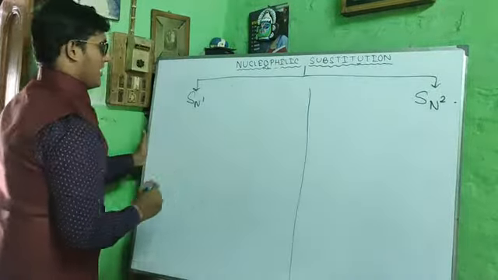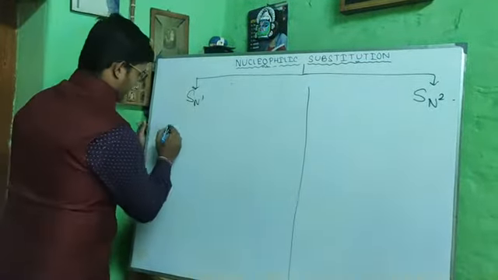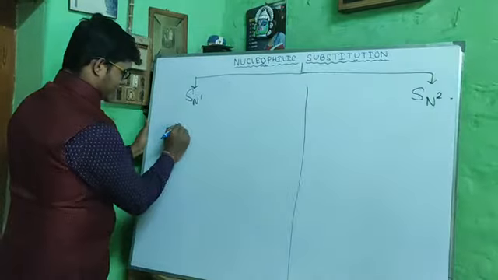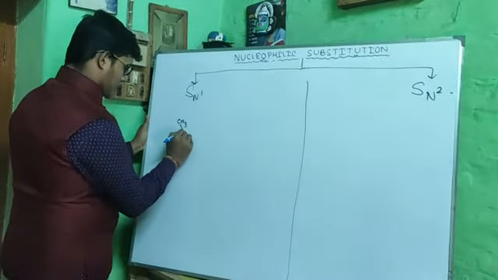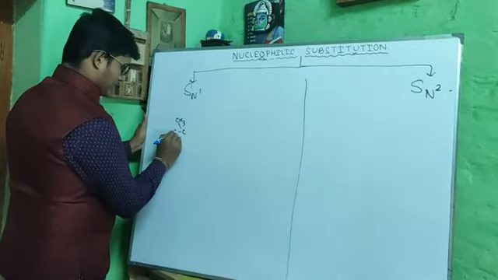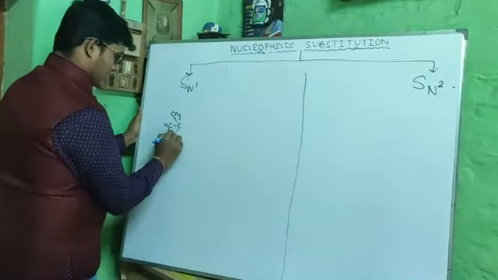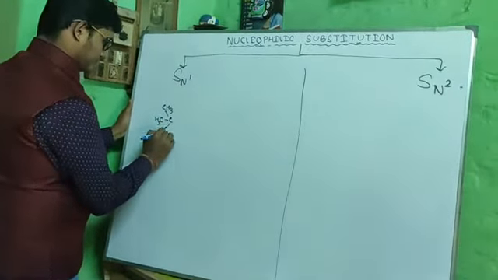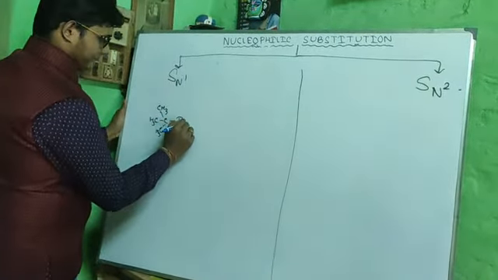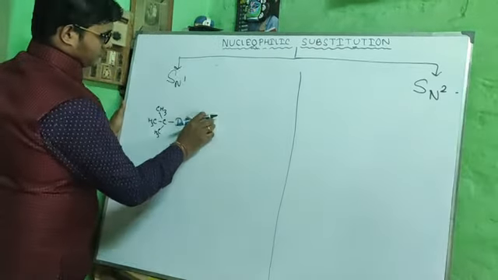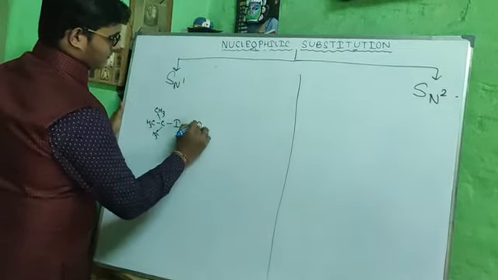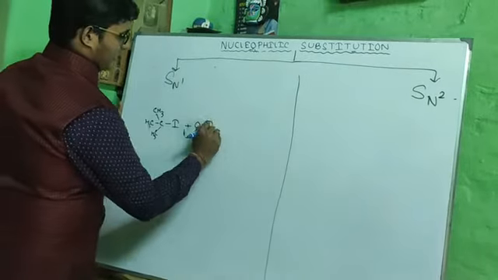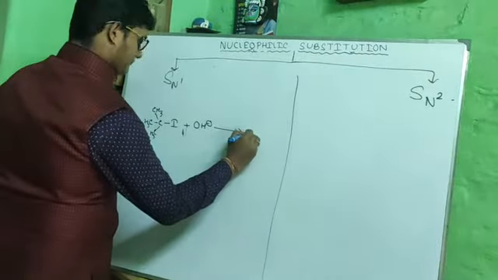In these type of reactions, let's take an example. If CH3 I plus OH minus, it will convert to this.